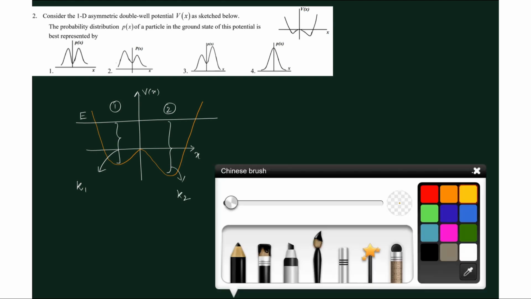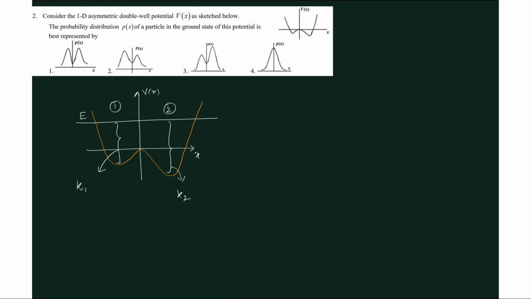Both regions have some negative potential, but of course the second region contains a more attractive potential compared to the first region, and the first one has a less attractive potential.